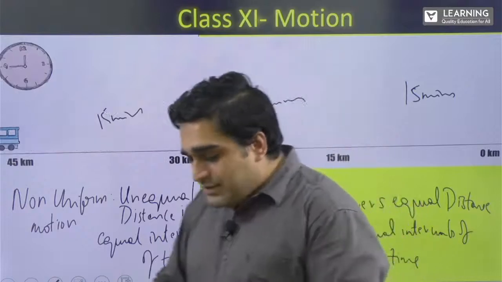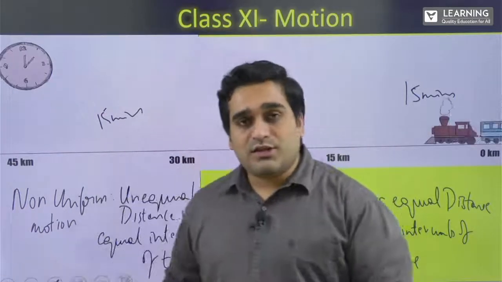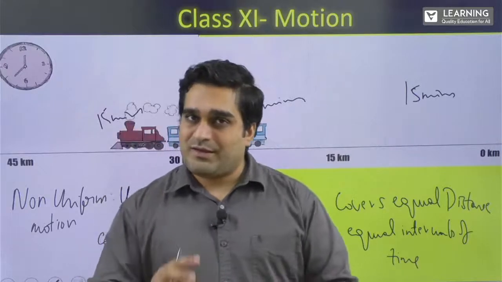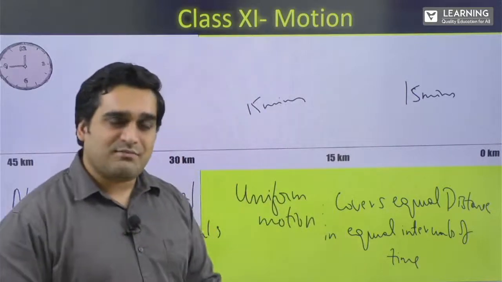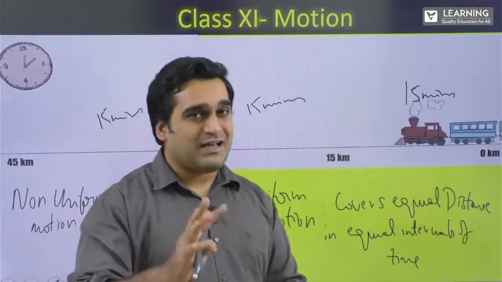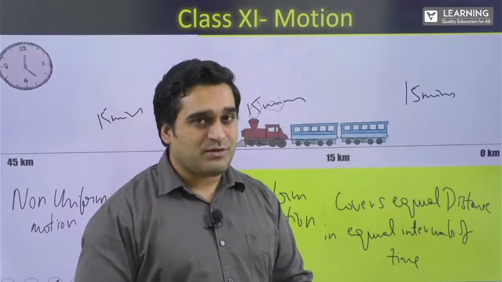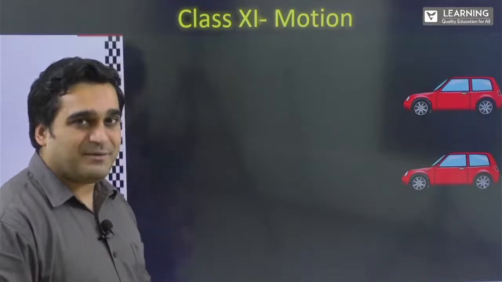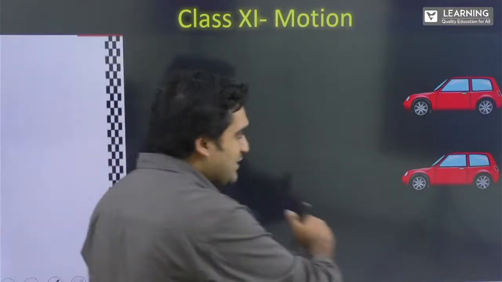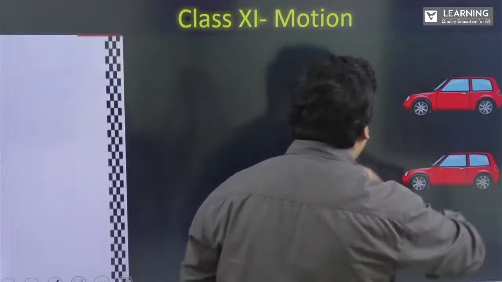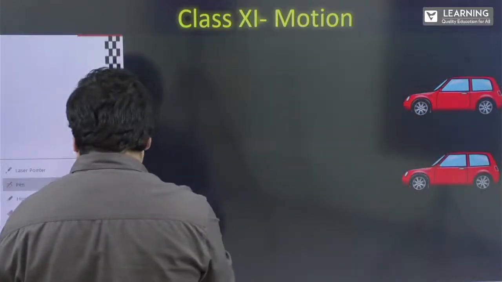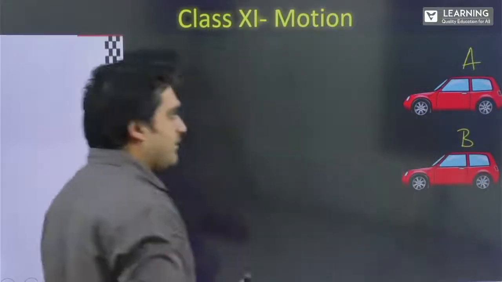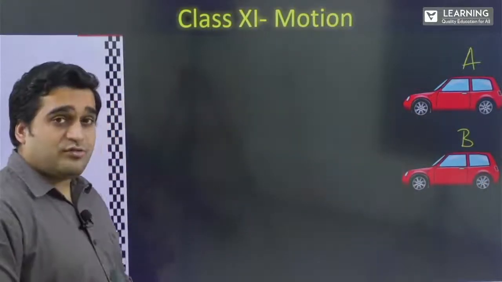So if one single object is said to execute these two, what if you have two different objects? Now here let's have a look at an example where two different objects are executing a type of motion, but this time the two different objects are racing each other. The objects here are car A, we'll choose yellow, and car B. So these two cars are going to race each other.